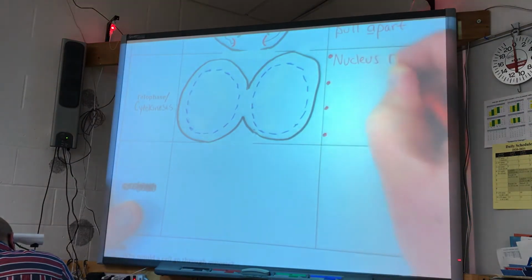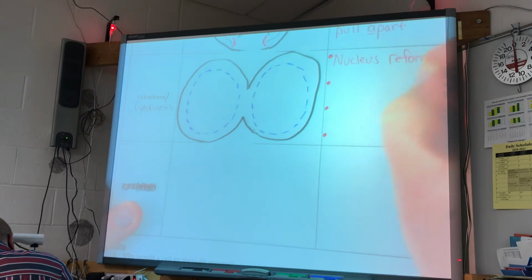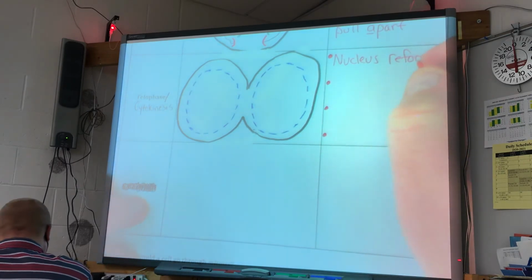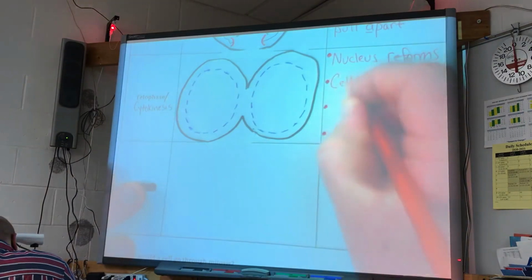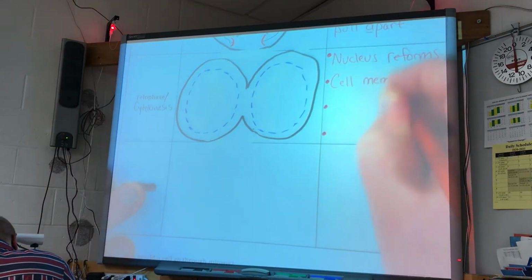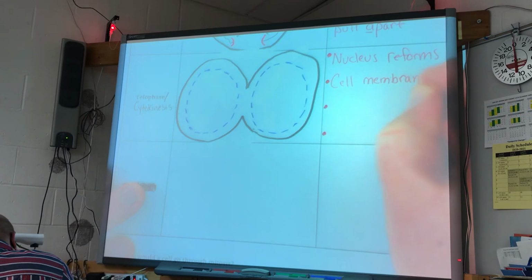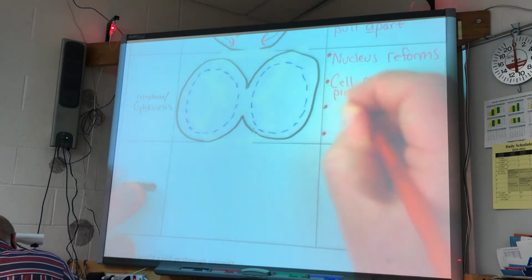We pinch like a peanut, right? It's getting pinched. The cell membrane pinches in.